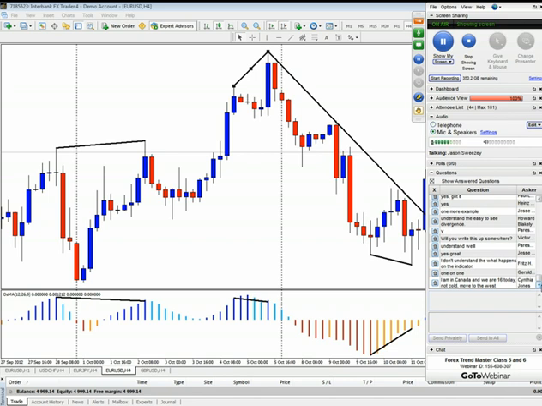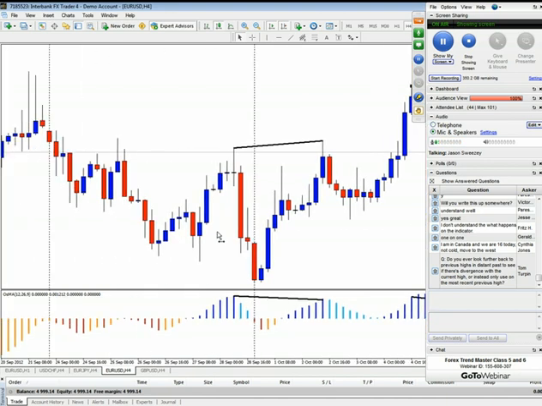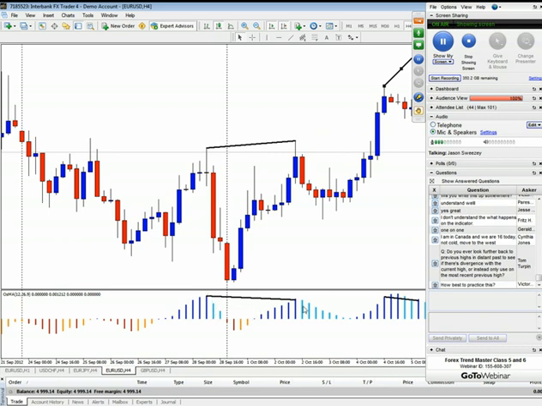So Fritz is saying he doesn't understand the part of the indicator. It's the opposite. When you have something diverging, one's diverging one way, one's diverging the opposite. Okay, Fritz, let me show you again. Right here, you have the high and the higher high on the price chart, and then on the indicator you have a high, but a lower high. So this is going like this, and this is diverging this way.